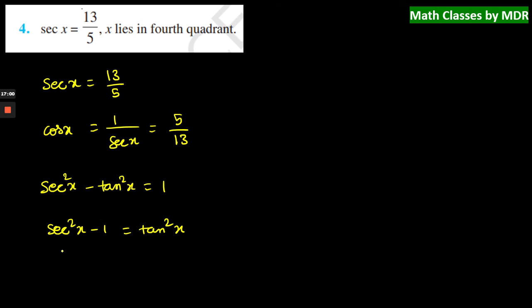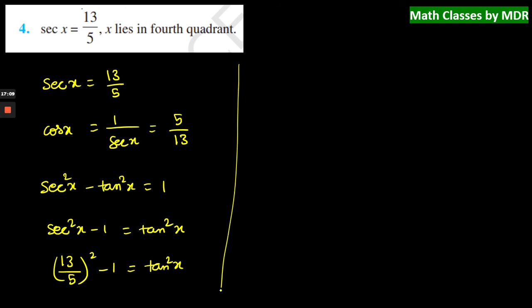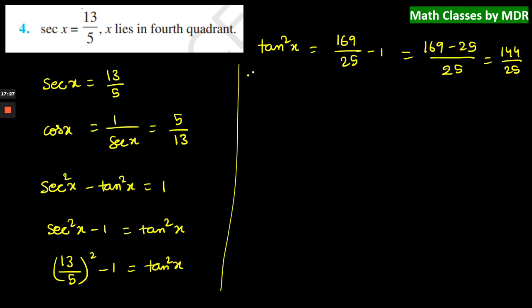Secant square x is nothing but 13 by 5 whole square minus 1 is equal to tan square x, right? So tan square x is 13 square, that is 169 by 25 minus 1, and then 169 minus 25 by 25, which is equal to 144 by 25.